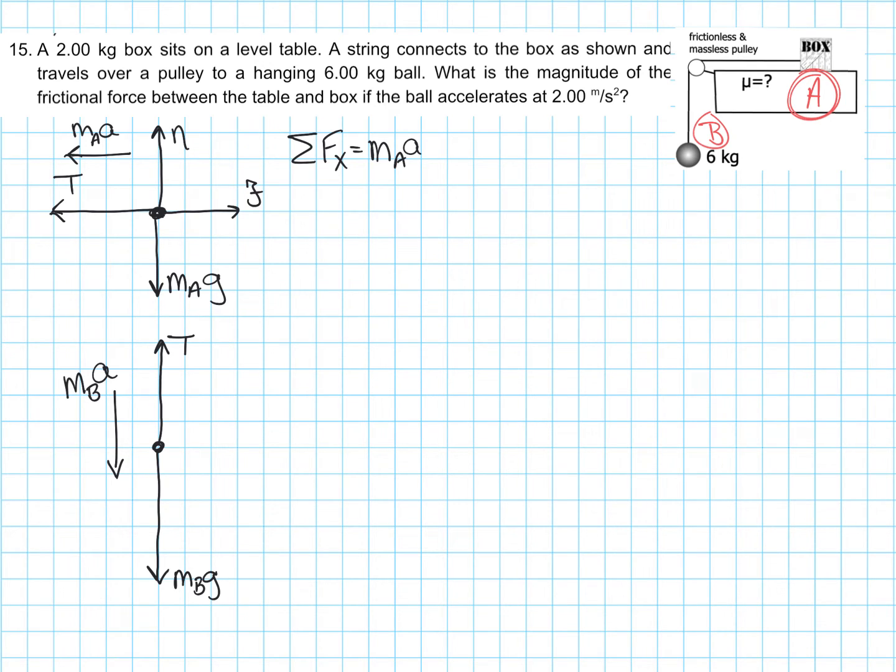What that means is that now the positive direction is going from right to left. Tension goes the same direction from right to left, so that's also positive. Friction goes the opposite direction, so I'll subtract it.